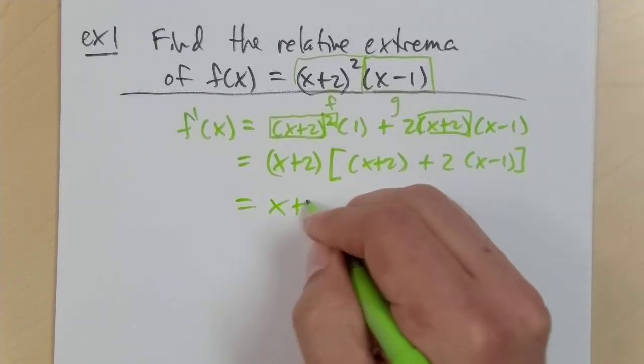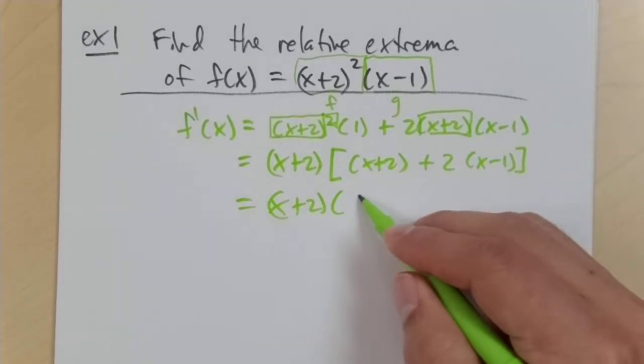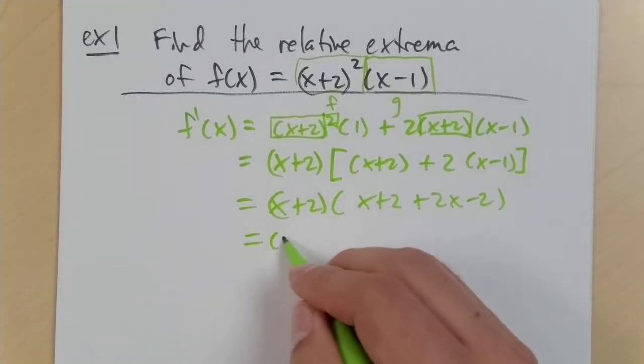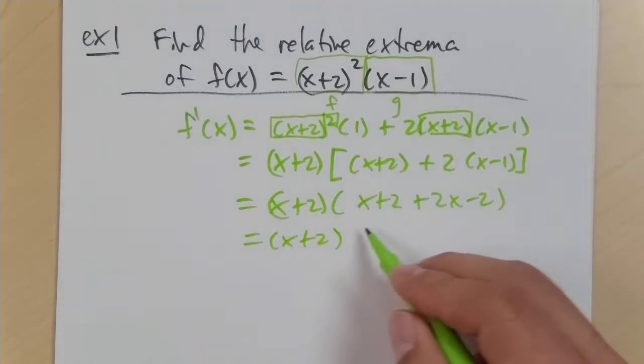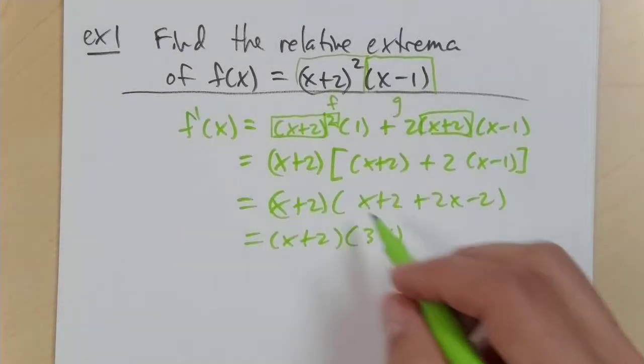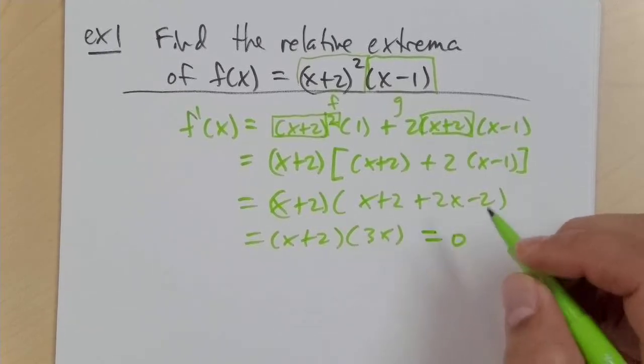Let me simplify that a little more. So now this will be x plus 2 plus 2x minus 2. The 2's end up canceling, so we get (x plus 2) and then 3x is what's left here. So here's our derivative, and now we set it equal to 0 to find the critical numbers.